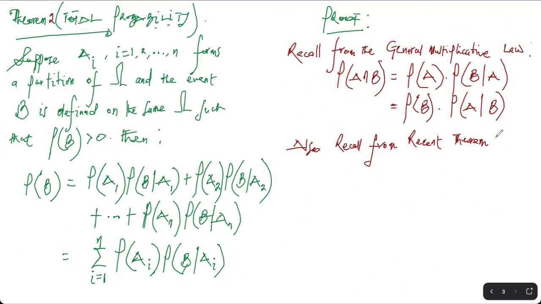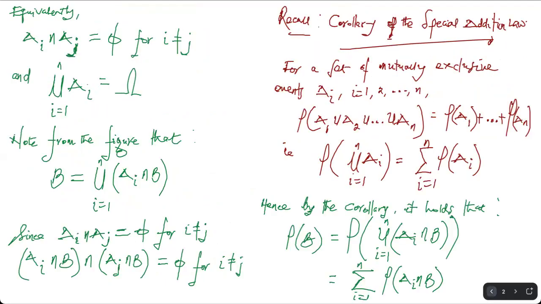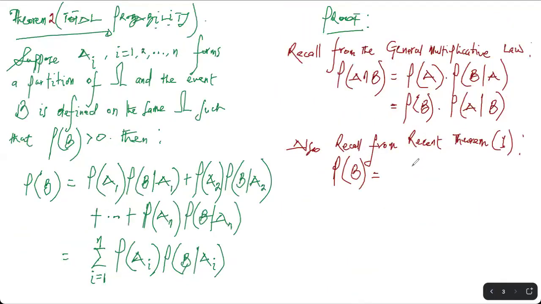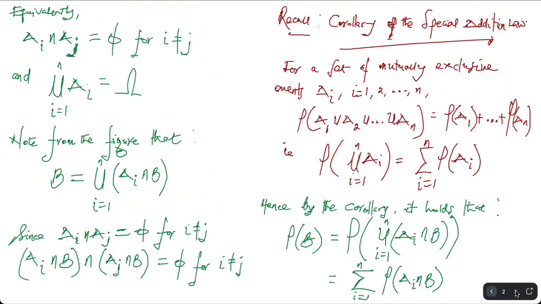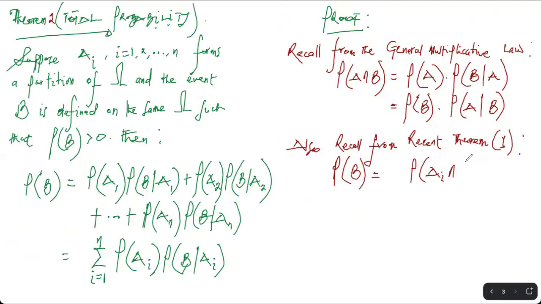So from recent theorem one, we've just established that the probability of B is equal to this, the probability of AI intersection B. And then we sum.